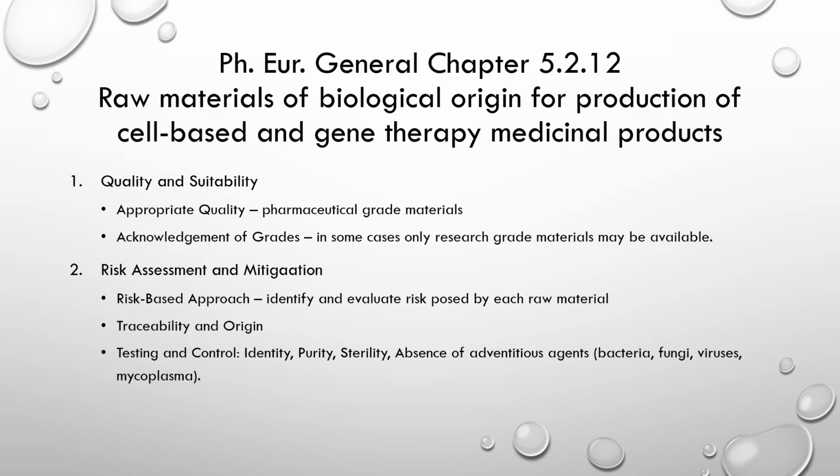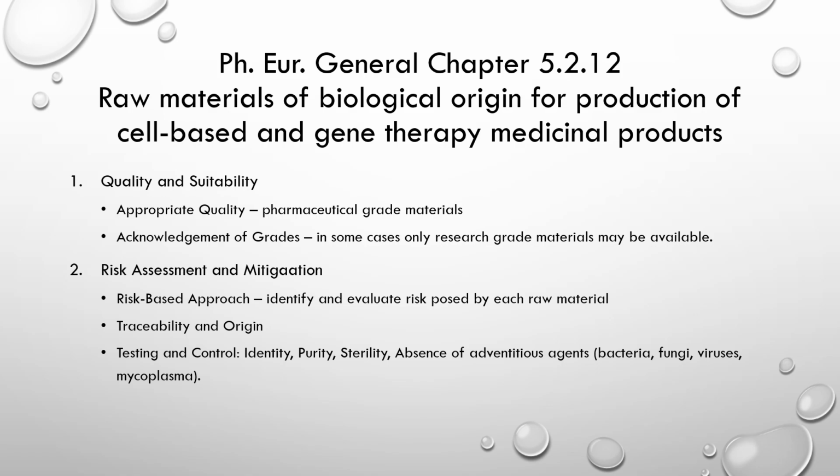You're going to look at the quality and suitability of your materials. So you have to have reasonable grade materials. It's not always easy to get them for biological entities or materials of human and animal origin. It can be very difficult to control and get that consistency, although we're getting better at it now. And there is an acknowledgement that research grade materials may only be available for novel products, and therefore you might not be able to get European Pharmacopoeia grade materials or standard grade materials.